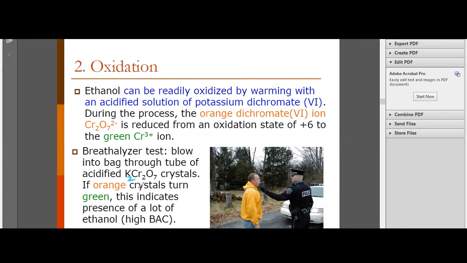If this man breathes and the crystal turns to green, that means his breath is full of ethanol vapor, so the police can arrest this man. So this oxidation process, once again, is important to detect the presence of alcohol.